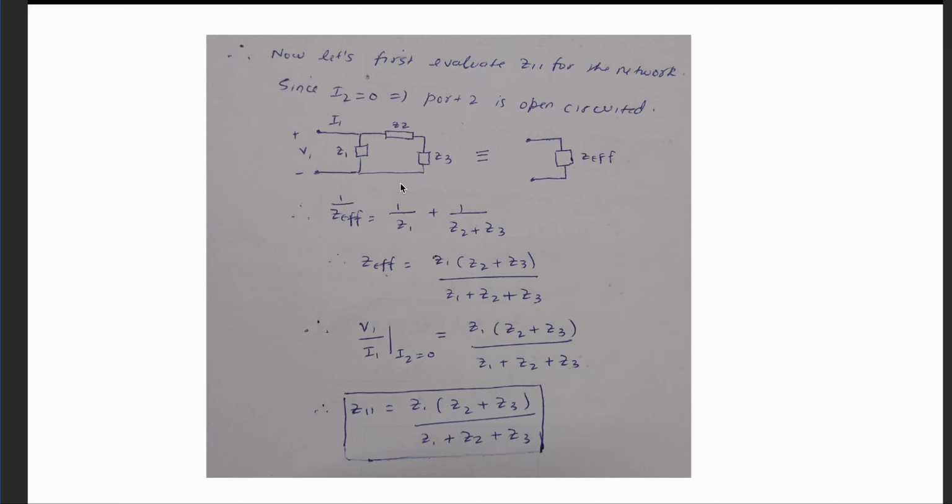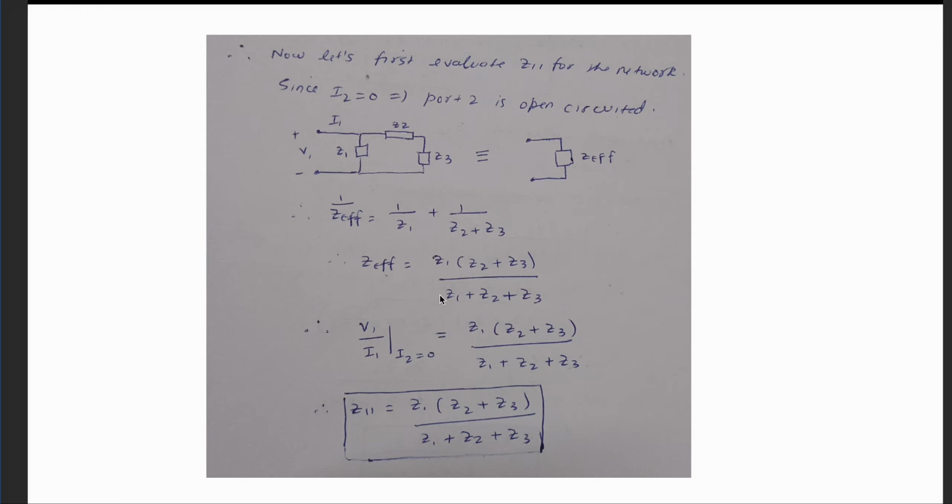Now you can see that for port 1 this whole network itself acts as one load. To find the effective load impedance of this, you can see that both Z2 and Z3 are in series and together they are in parallel with Z1. So port 1 is seeing an impedance which is Z effective, and you can use the reciprocal formula: 1 by Z effective will be 1 by Z1 plus 1 by (Z2 plus Z3), because Z2 and Z3 are in series.